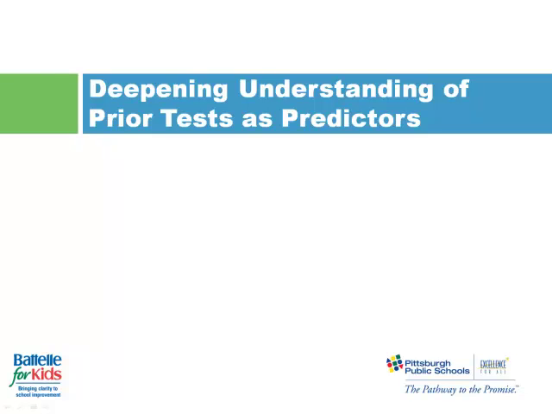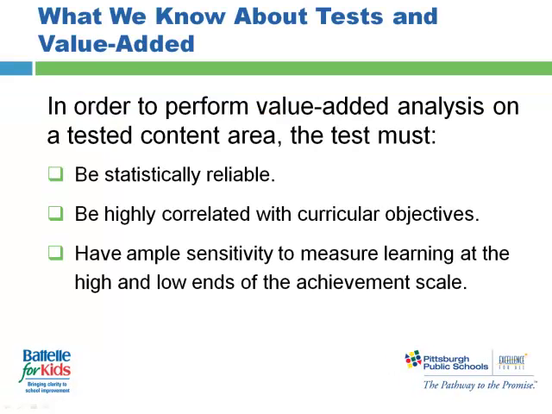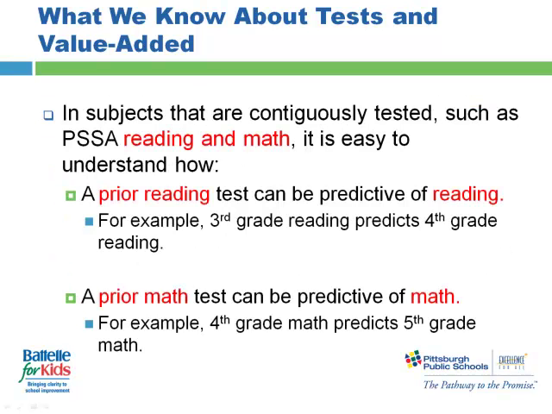It is important that you deepen your understanding of using prior tests as predictors. In order for tests to be used in a value-added model, they must be reliable. They have to be highly correlated to the curriculum, and they have to have stretch at the high and low ends of the spectrum. In PPS, 2 prior tests are used for predictability for each test reported.